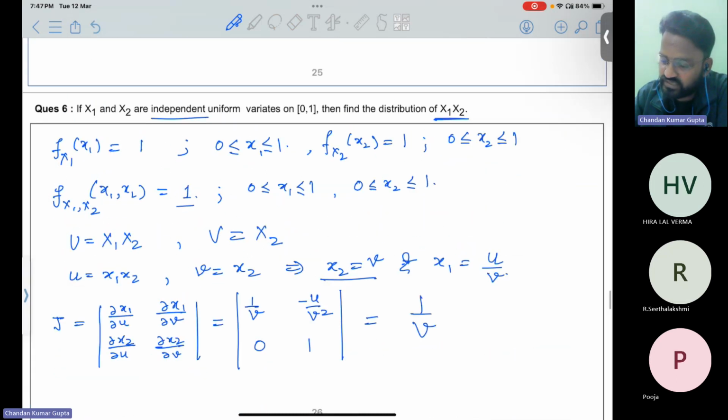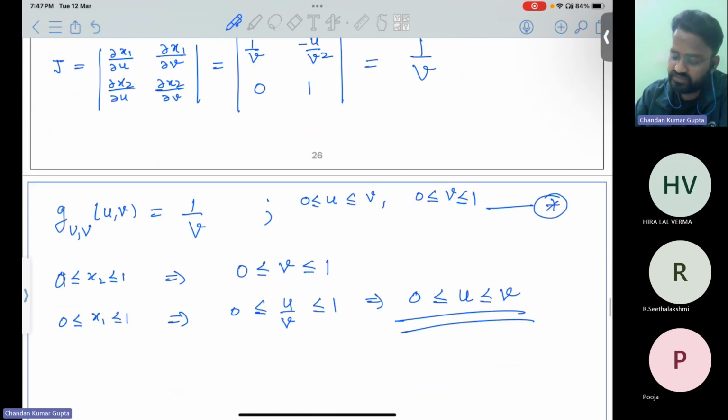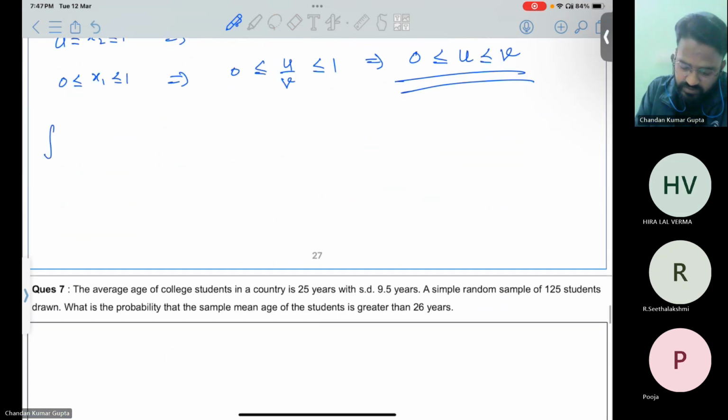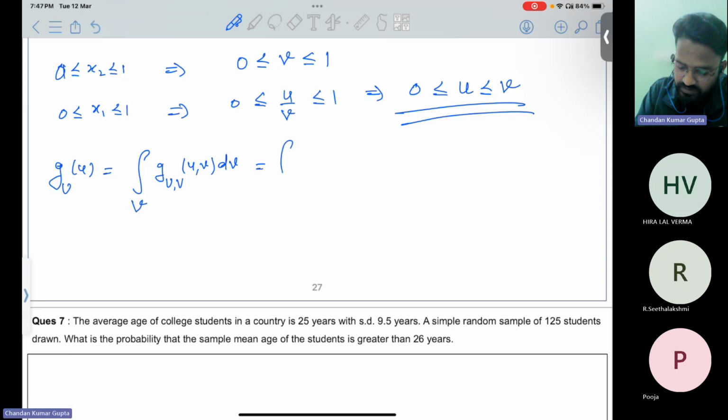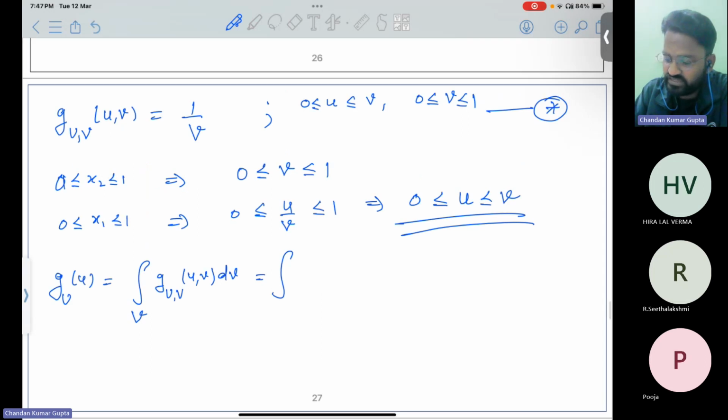Now our aim is to calculate the PDF of x1 x2, that means the PDF of u. So we integrate over v.